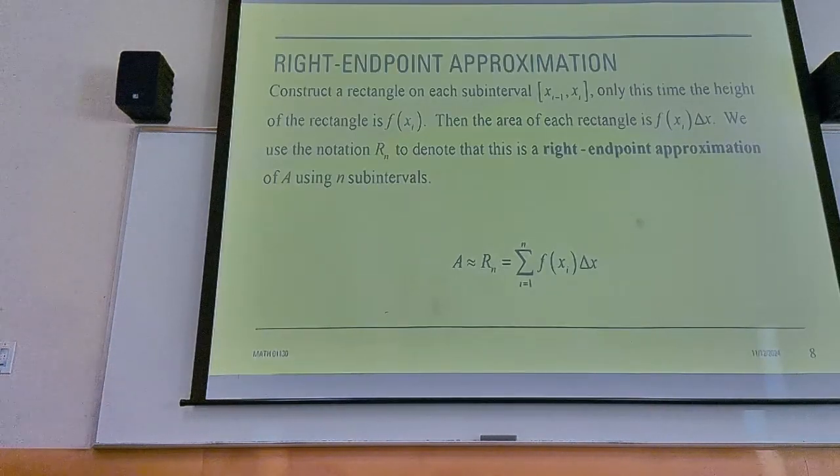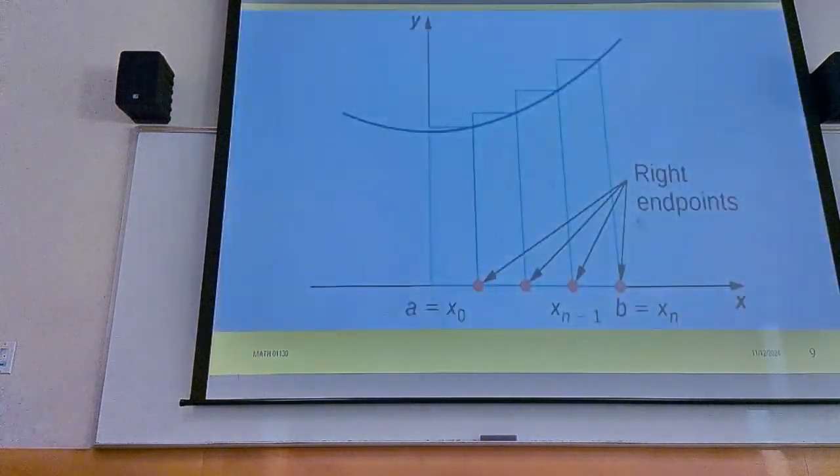And obviously for right endpoint, we use R sub n. And then graphically, this is what's happening.